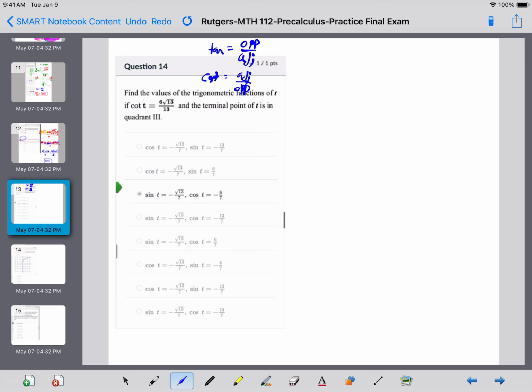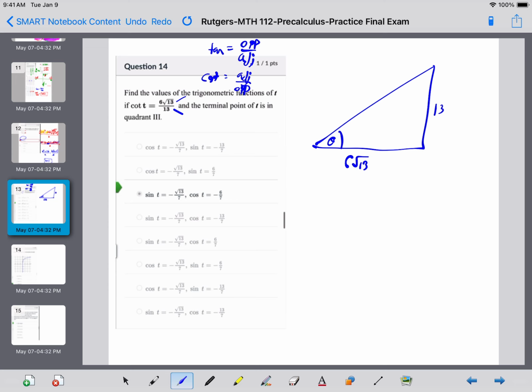So you can say that this is your adjacent, this is your opposite. We have a right triangle. We said our adjacent is 6 radical 13. Our opposite is 13.